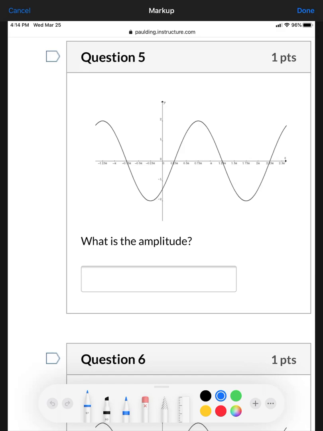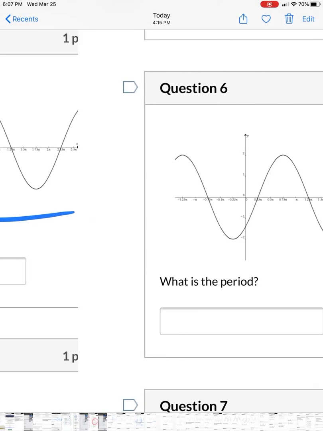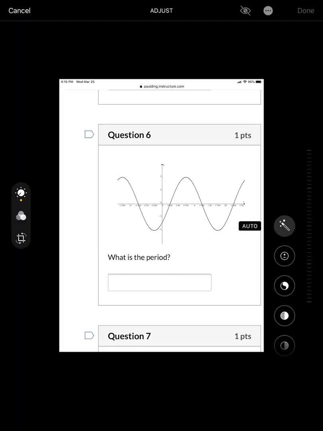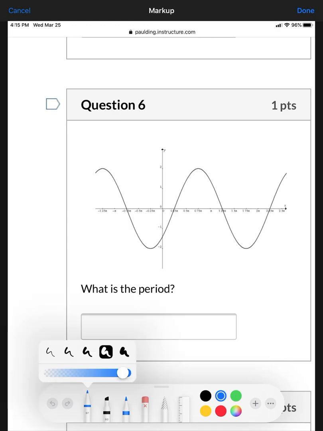Number 5, what's the amplitude? So if just stretching up on the graph, we see the amplitude goes up to 2, down to -2. Amplitude's 2, right? Period to number 6. Okay, so it looks like that sine shape is right there.